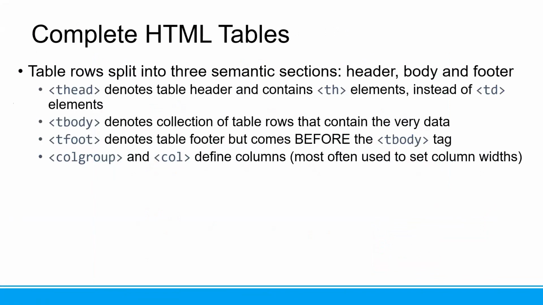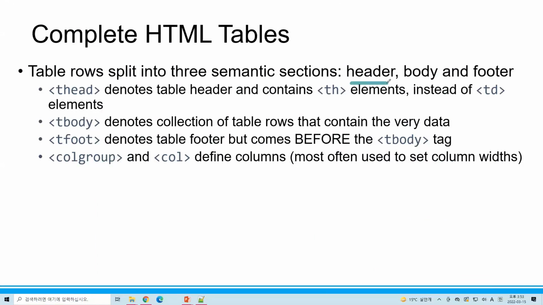In order to make a complete HTML table, we can split the table into 3 different parts. The table is similar to the whole concept of HTML. In the HTML, we have head and body. Now the table also has header and body and footer.